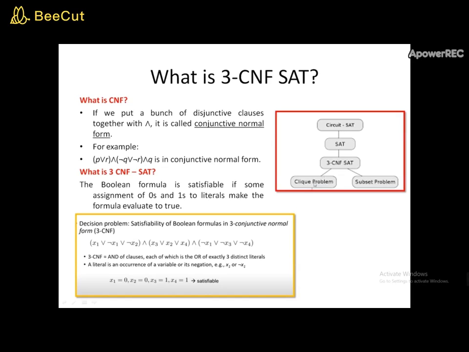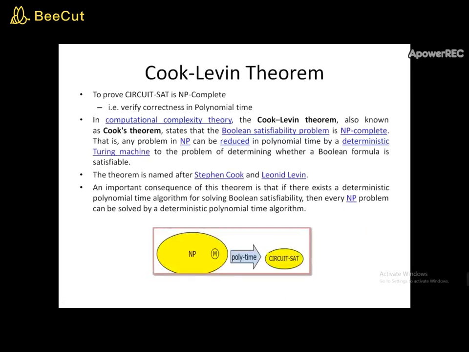By proving that the clique k value is 3, it is also proved in polynomial time complexity that this 3 CNF SAT problem is reduced to a clique problem. This is what is given by the Cook and Levin theorem as well. So I hope you have understood the crux of it.